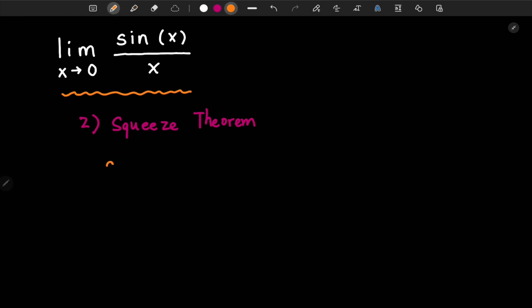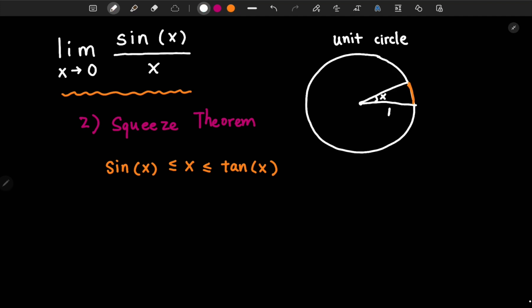For this question, the squeeze theorem inequality we want is sine x is smaller than or equal to x, and x is smaller than or equal to tangent x. Let me draw a unit circle here to show you why this is correct. Here we have a unit circle where r is equal to 1.